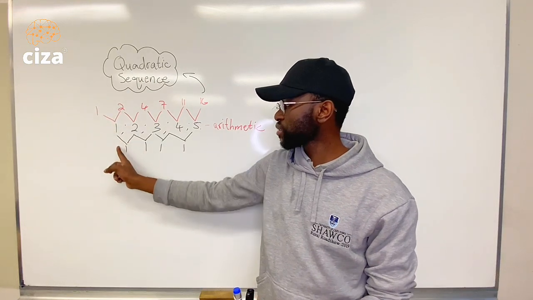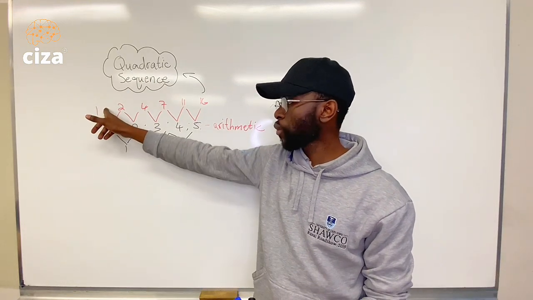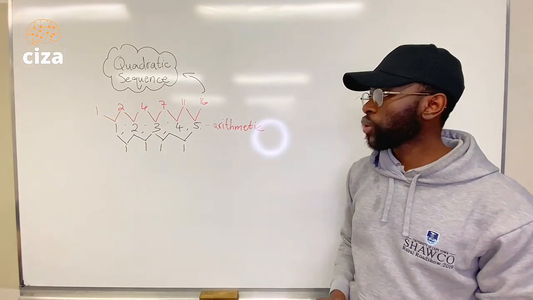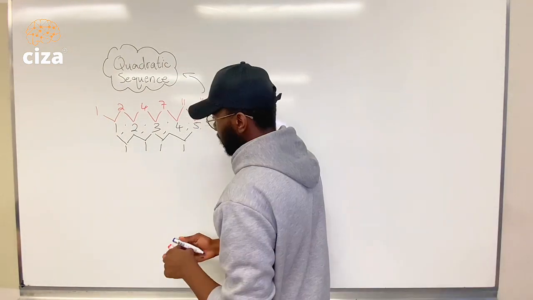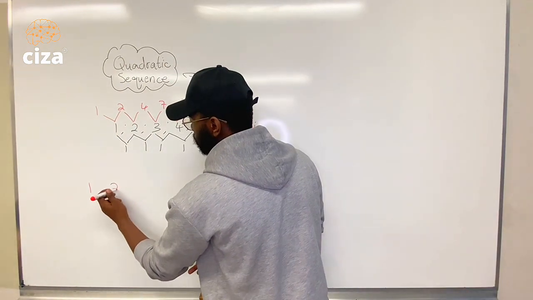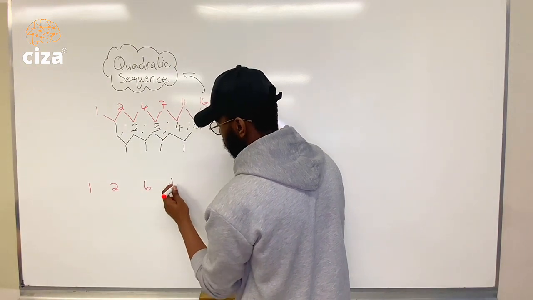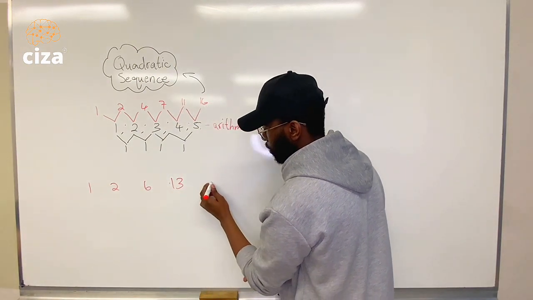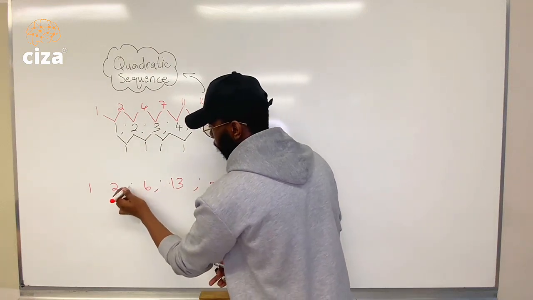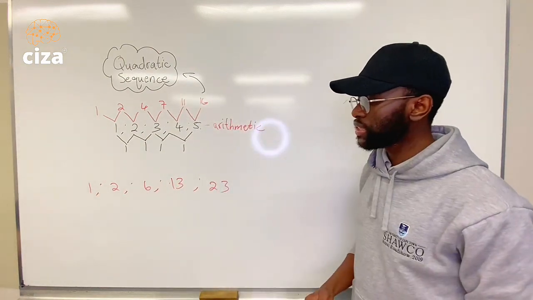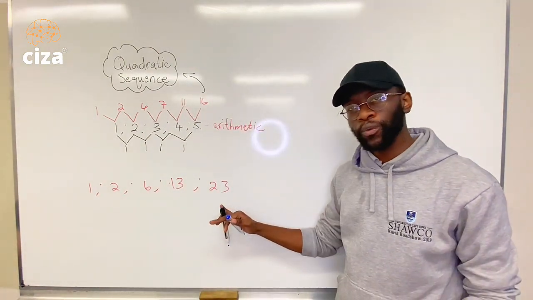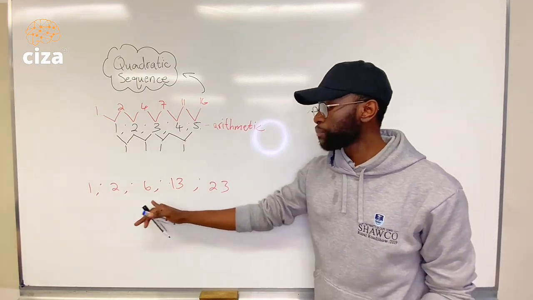The second difference, 1, 2, to the quadratic sequence is common. Let's say we have 1, 2, 6, 13, 23. Let's say we are given this and we are told that we need to determine what type of sequence this is.